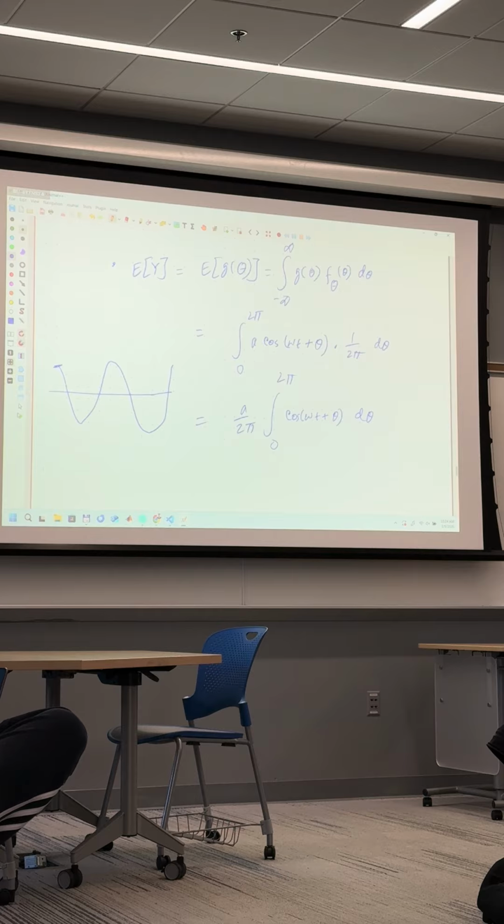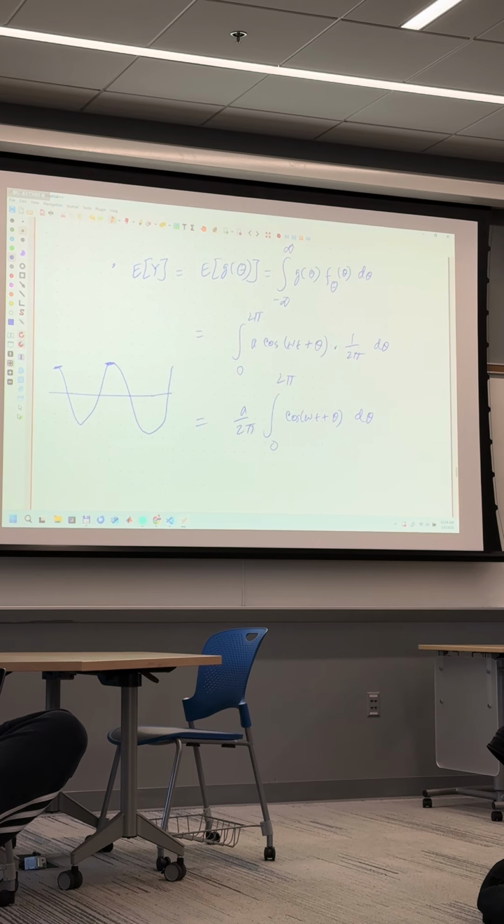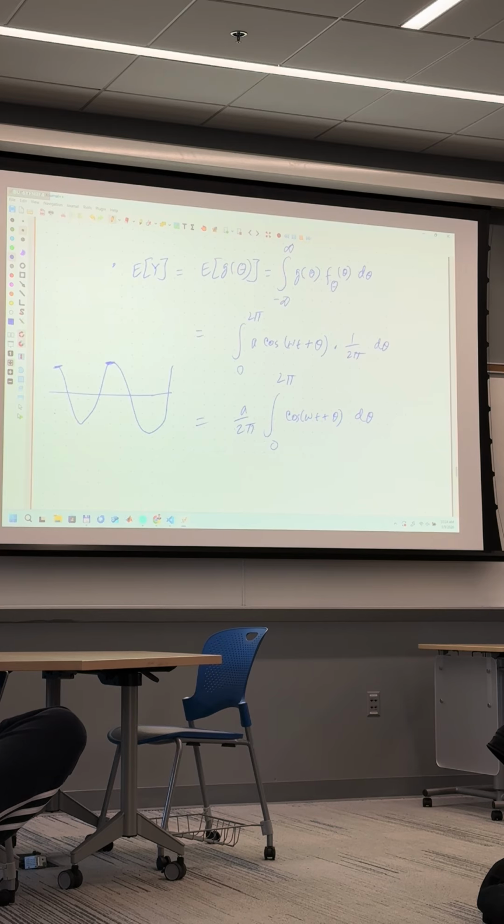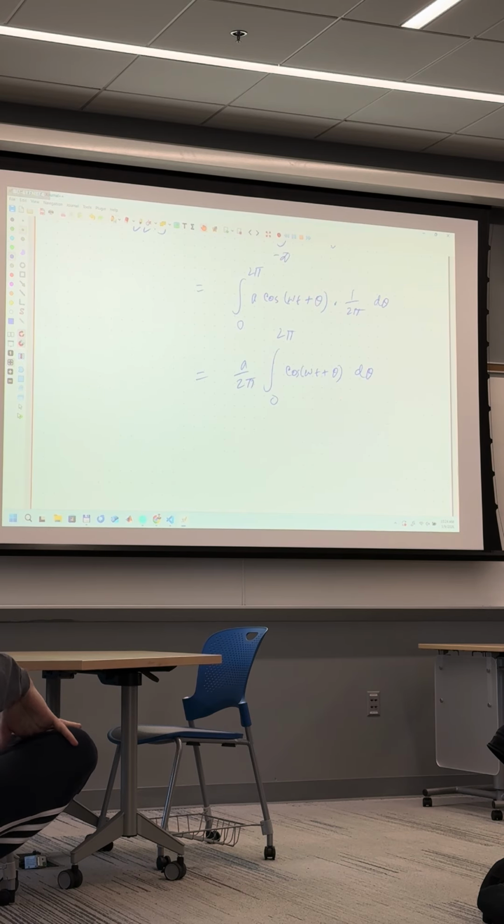From here to here, what is the average signal, guys? 0. So this integration is going to give you 0. You can do the calculation. It is going to be 0. So the expectation of your signal is going to be 0. So this is the final answer.